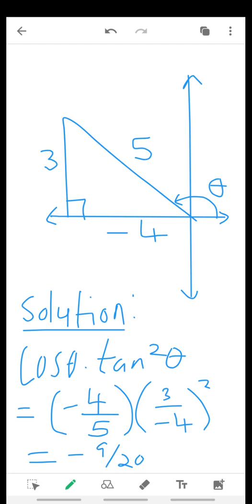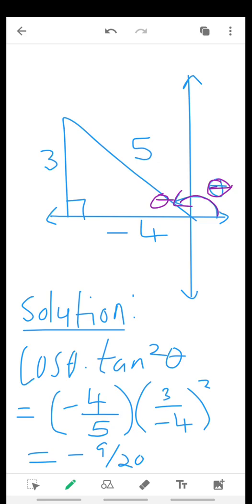Therefore, I have my x -4, I have my y 3, I have my 5, which is r. Then look at the way the angle theta is placed. Okay, theta is placed there, but please learners, take your theta as if it's inside there. Okay, very, very important. You can also verify that using your relationships, whether theta is at the right position.